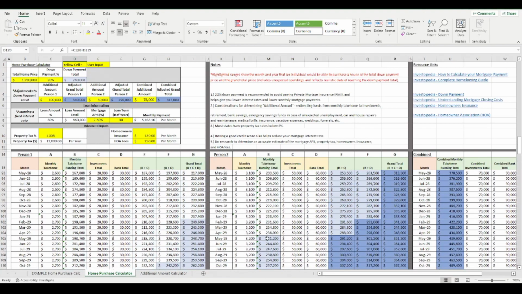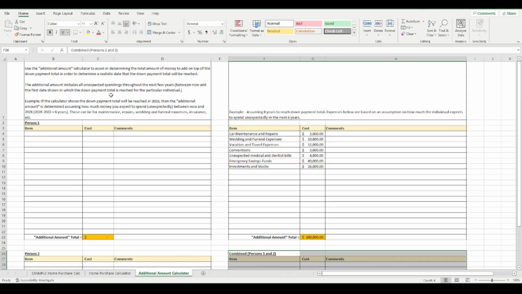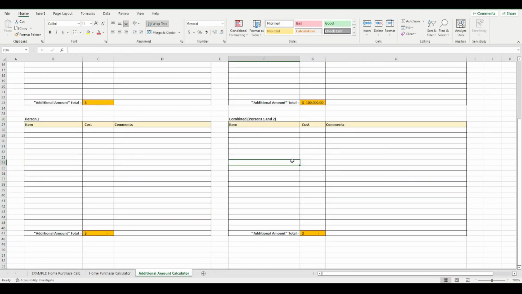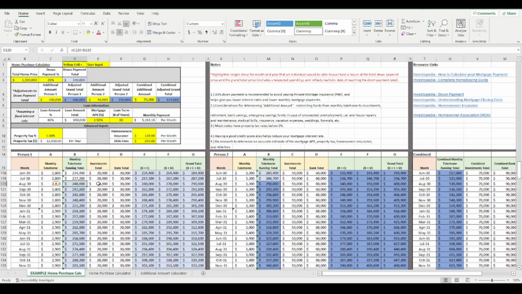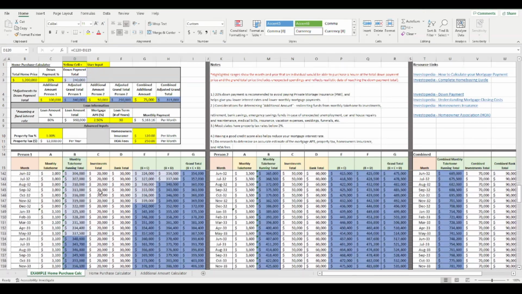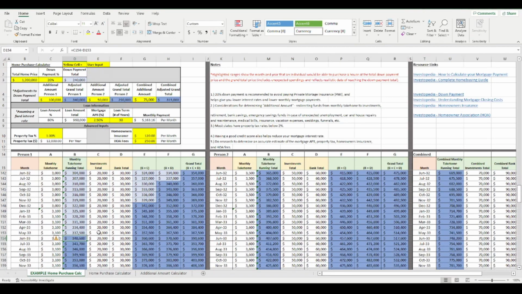Using these time frames, you'll then determine the additional amounts for person 1, person 2, and the combined based on the unexpected spendings between now and that particular earliest date. Again, you can use the additional amount calculator to assist with that. Finally, you can then determine the realistic date that you can purchase a home based on all of the parameters you have inputted.